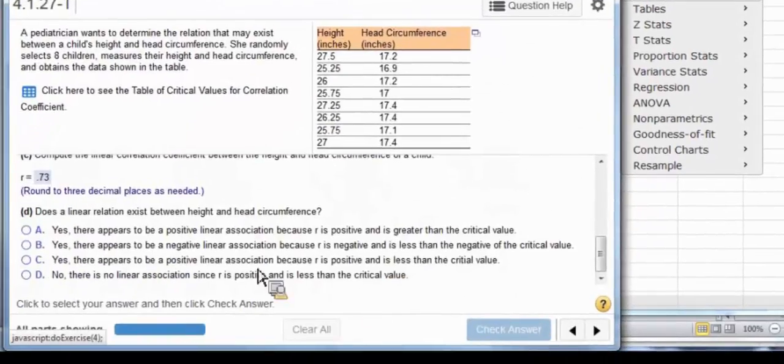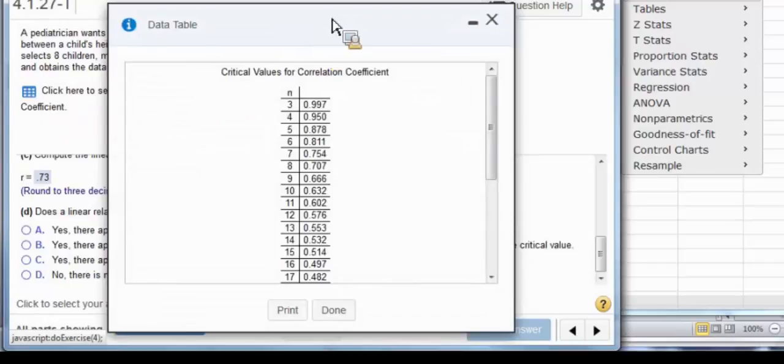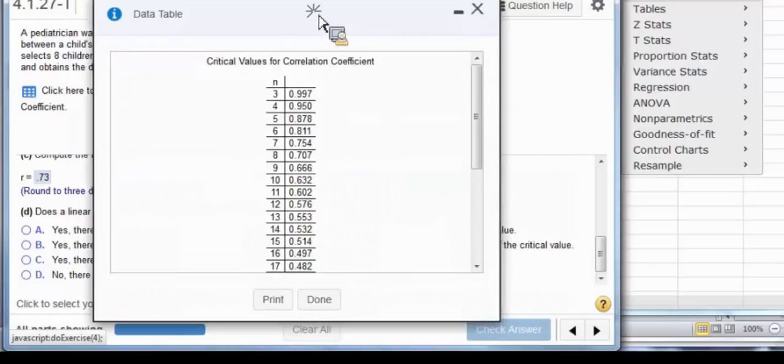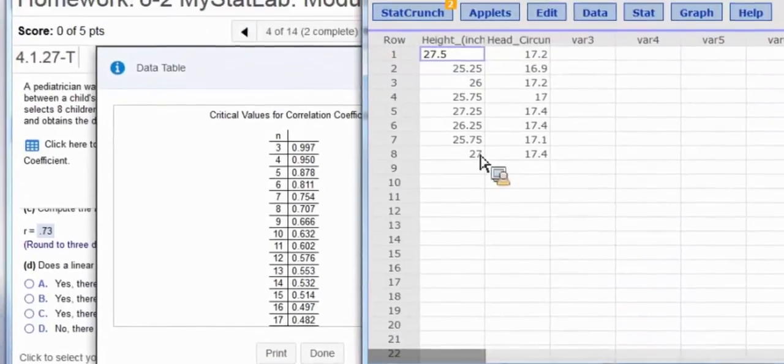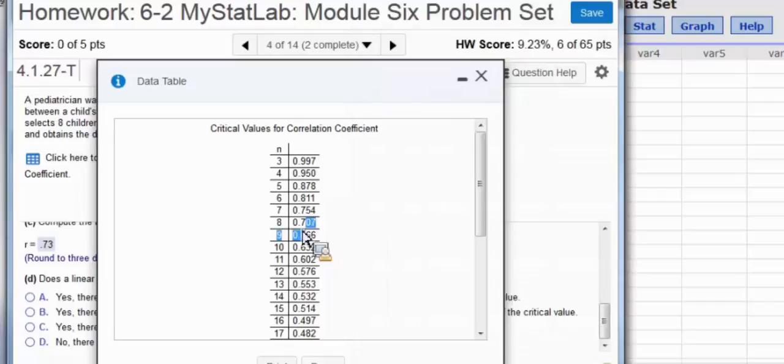Okay. Does a linear relationship exist? We already looked at it and said no. Now this is kind of weird. Click here to see the critical values. If we click there, how many data points do we have? We have 8 data values, and the critical value is 0.707.